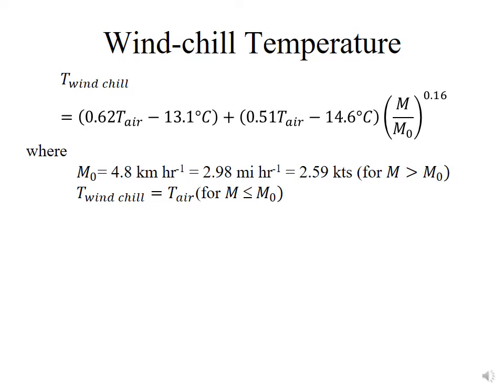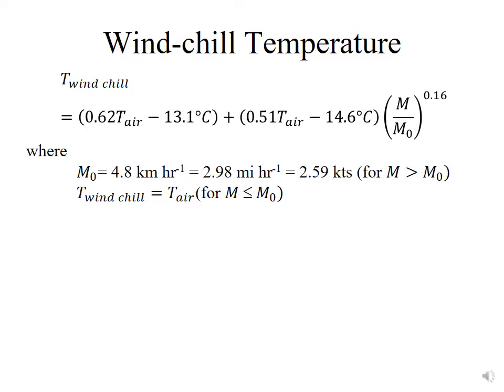So here we have an equation for wind chill. It's essentially a constant 0.62 times the temperature of the air minus 13.1 degrees C, plus another constant of 0.51 times the temperature of the air minus 14.6 degrees C, times this ratio m over m naught raised to the 0.16 power.